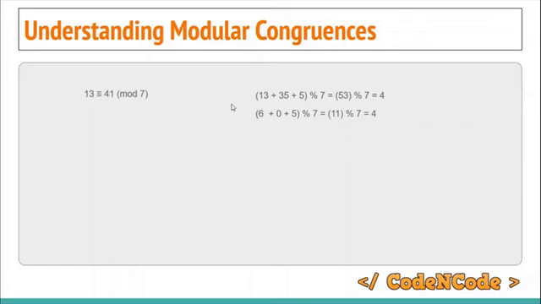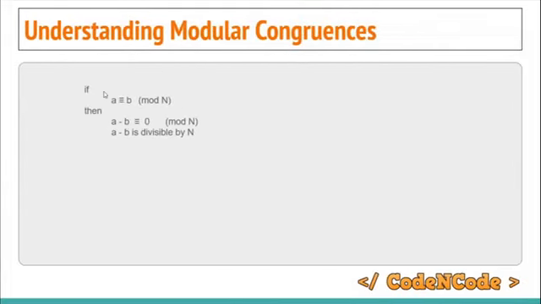Modulo multiplicative inverse is there to work with division operators, because we can replace one with another if two integers are congruent to each other in addition, subtraction and multiplication, but we can't do the same in division. For that we would study modulo multiplicative inverse.